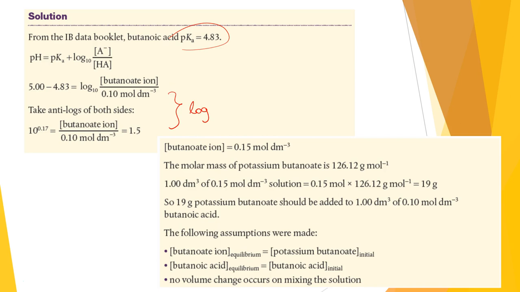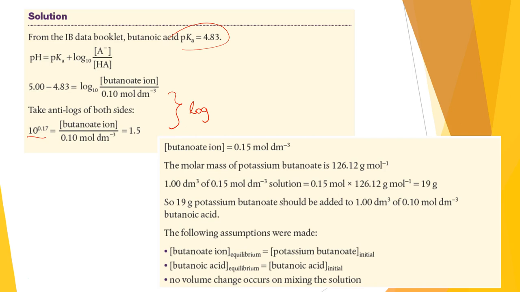So we get 10 to the 0.17, which is going to equal 1.5, equal to the butanoate concentration over 0.1 mole per decimeter cubed. Then we can solve for the butanoate ion, which is 0.15 mole per decimeter cubed.